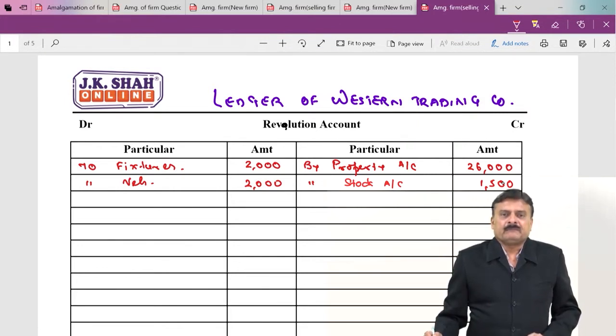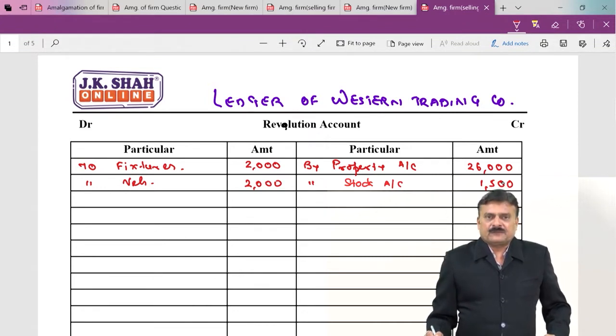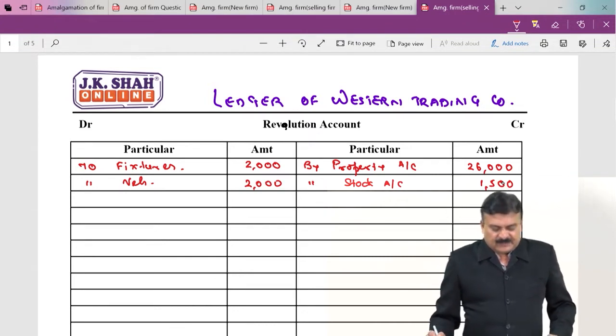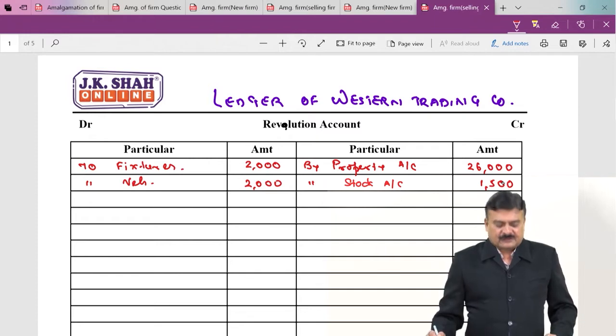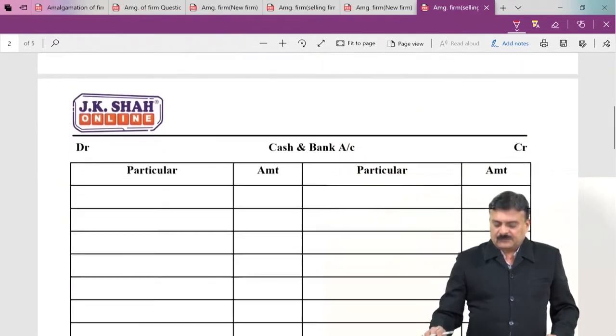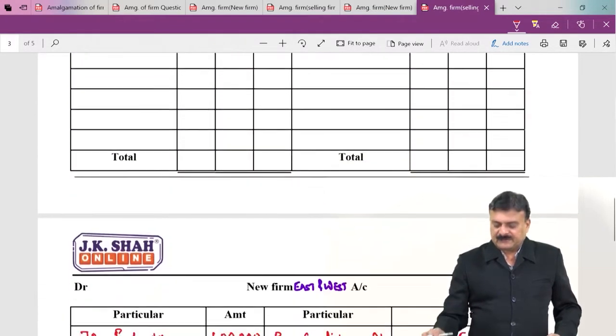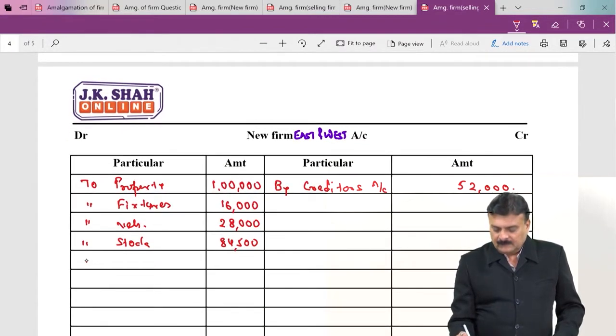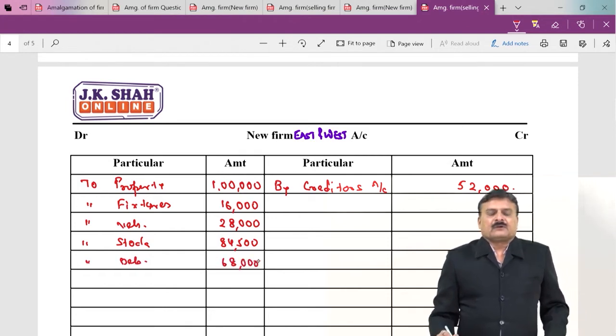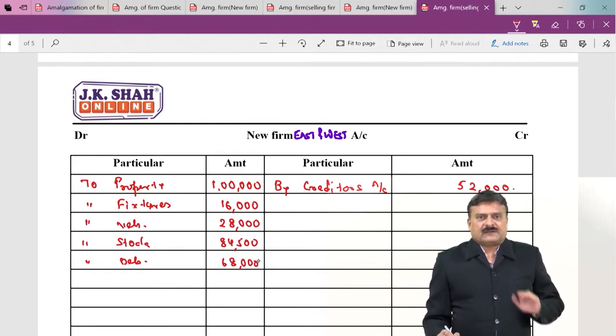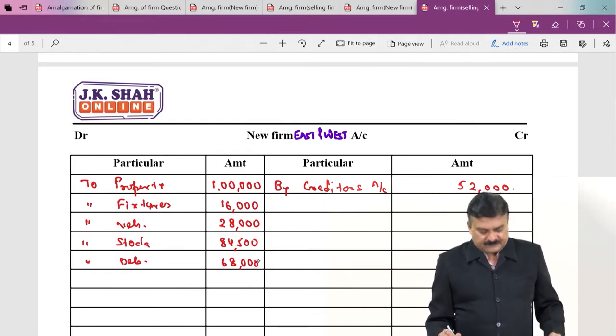Next, investment 8,000. It is not taken over by the new firm. So, pending. Debtors 68,000. That will go to new firm, debit side, to debtors 68,000, because the effect of provision will be given separately on the opposite side.